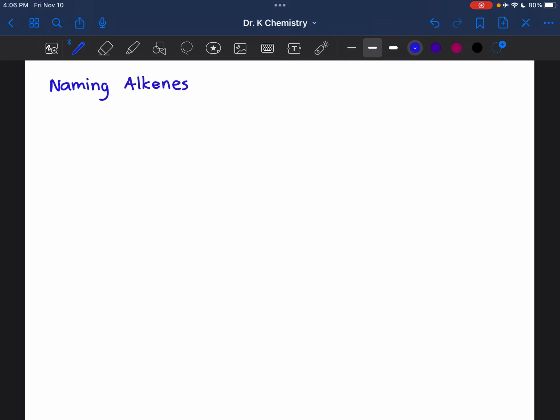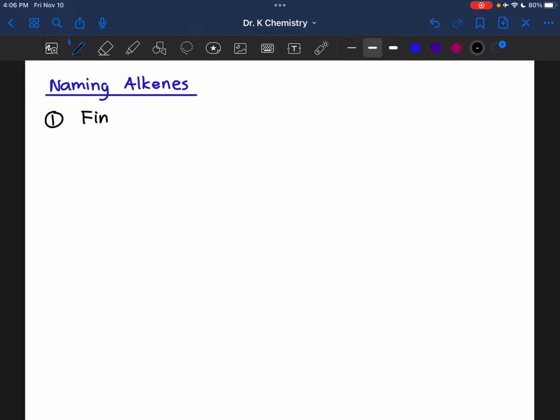So let's start by naming alkenes. You will find that the rules are going to be very similar to naming alkanes, with a minor twist. We're going to change the ending, and we're going to have to prioritize that double bond when we are numbering the molecules.